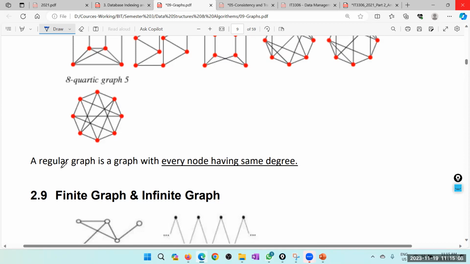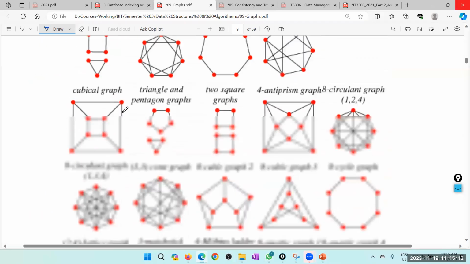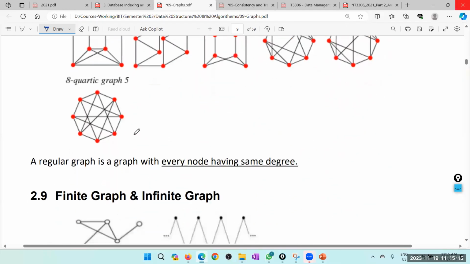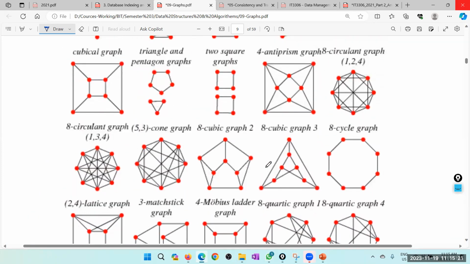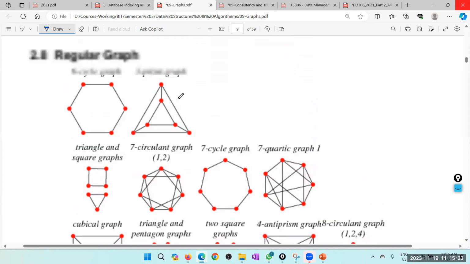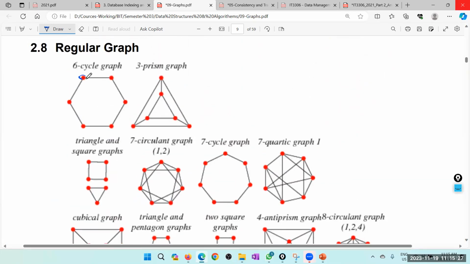Then we have a regular graph. A regular graph means every node has the same degree. All these complete graphs are regular graphs. For example, this one's degree is 2. Everywhere you can see degrees 2, 2, 2, 2, 2.